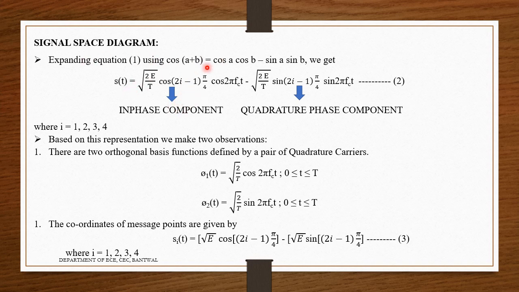Using the formula cos of A plus B equals cos A cos B minus sin A sin B, the square root of 2E by T is common in both places. So the first term is cos 2 pi fct into cos of (2i minus 1) pi by 4, minus square root of 2E by T into sin 2 pi fct into sin of (2i minus 1) pi by 4. The cos term we call the in phase component, and the sin term we call the quadrature phase component. We have just elaborated the same thing.